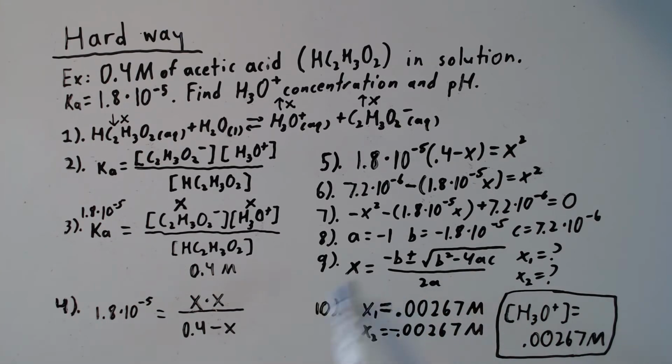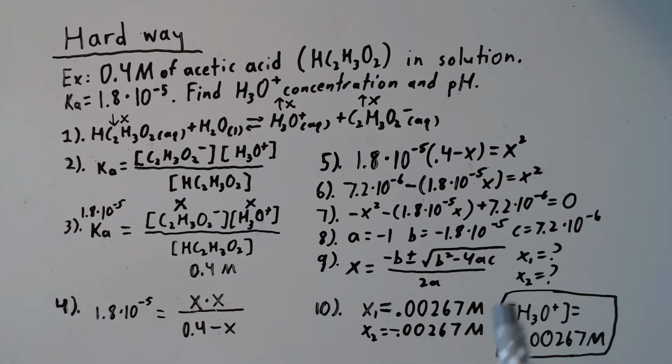And from this quadratic formula, we get one x and a second x. And we need to choose which x is correct. Well, actually, when I solved this problem, I got two of these x's. I got a positive one, 0.00267 molar, and I got a negative one, negative 0.00267 molar.